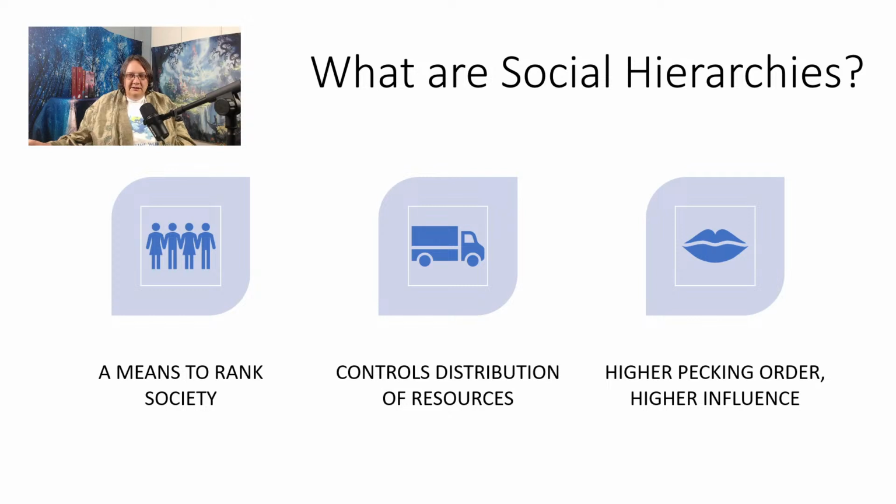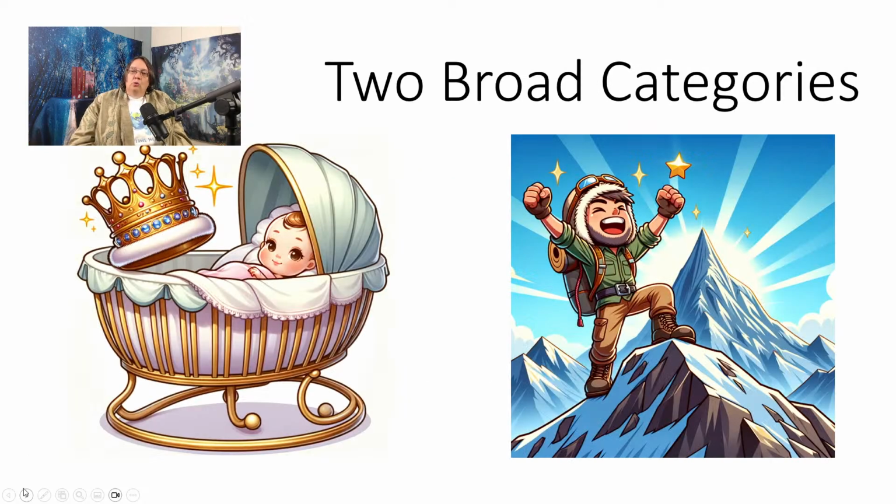Okay, so how do you determine social hierarchies? Are you kind of stuck with this from birth principle? Well, no. There are, in essence, two large categories of social hierarchy, and you can define them as either birth or ascribed.